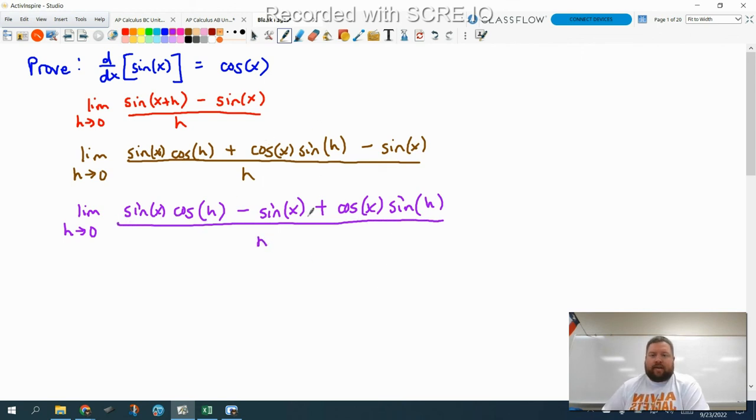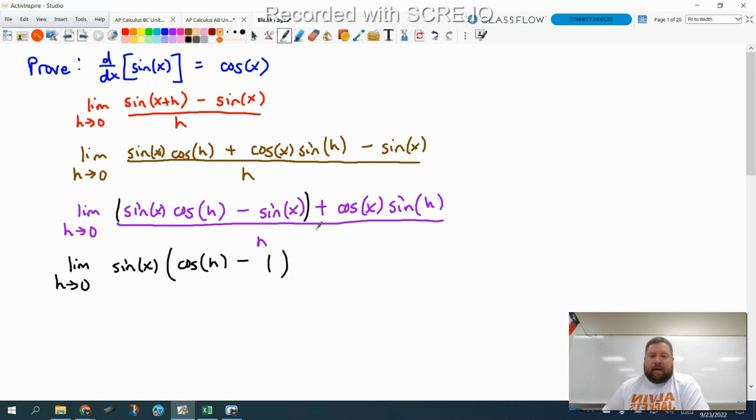If we group the first two terms, they both have a sine x, and I can factor out a sine x. So the limit as h approaches 0 of sine x multiplied by cosine h minus 1.